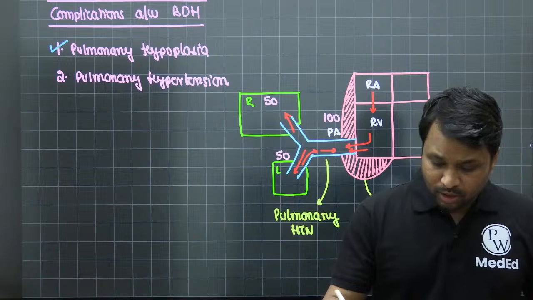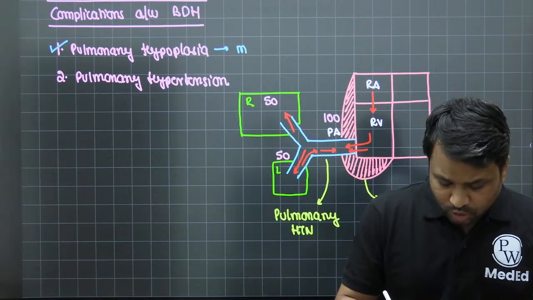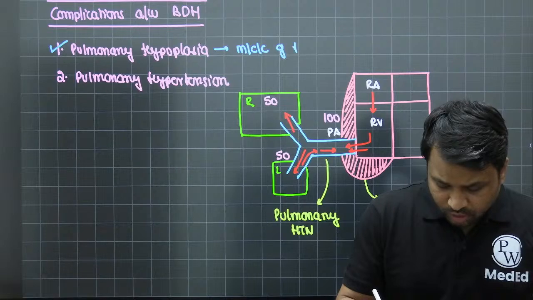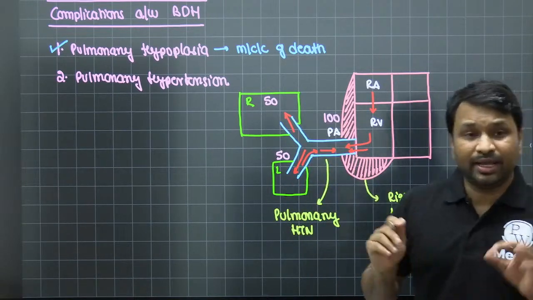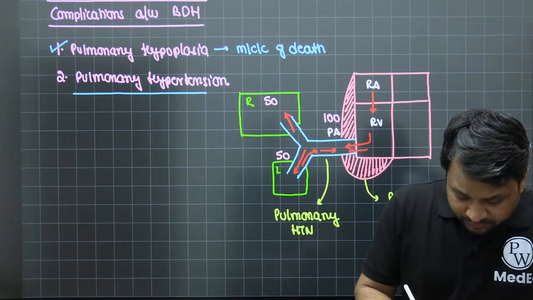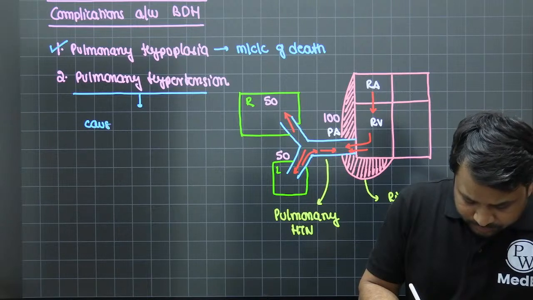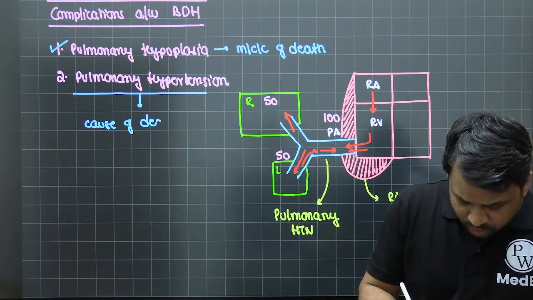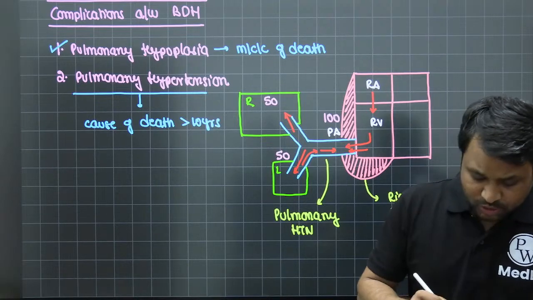So when I say what is the early cause of death, remember the most common cause of death in a patient of Bochdalek hernia is pulmonary hypoplasia. But if I say what is the cause of death after the age of 10 years, it is going to be pulmonary hypertension.